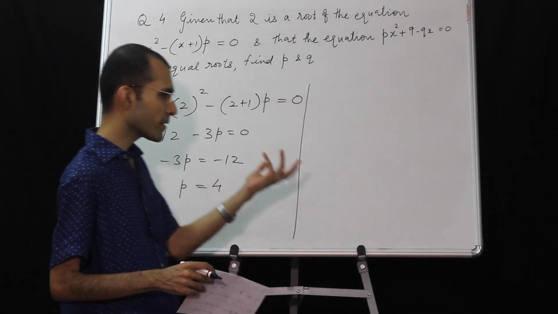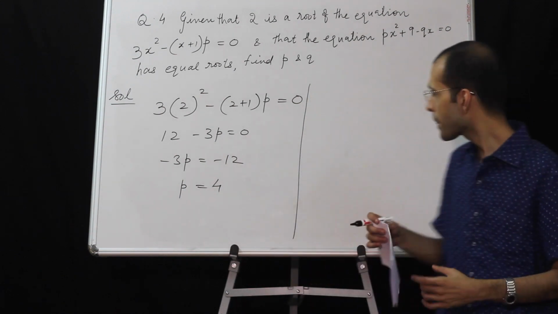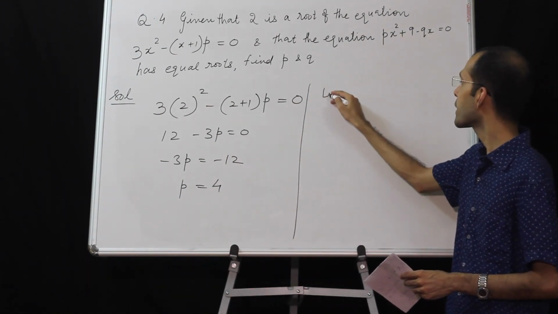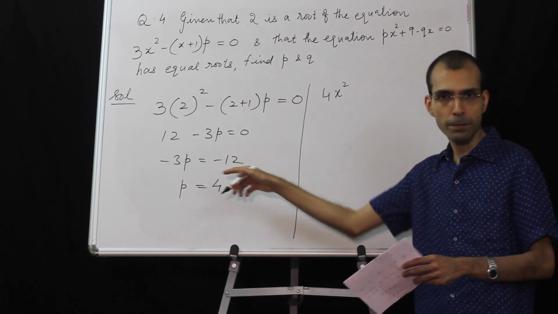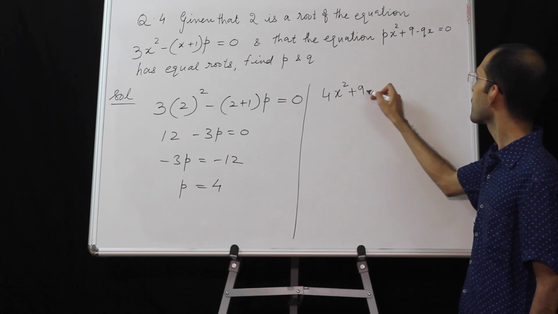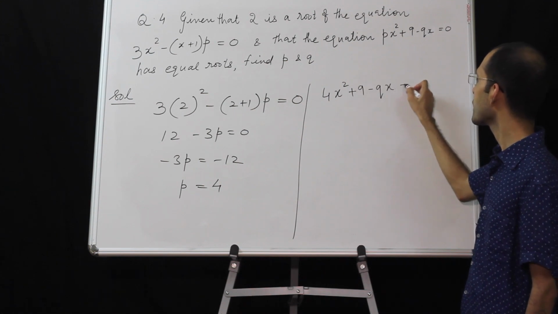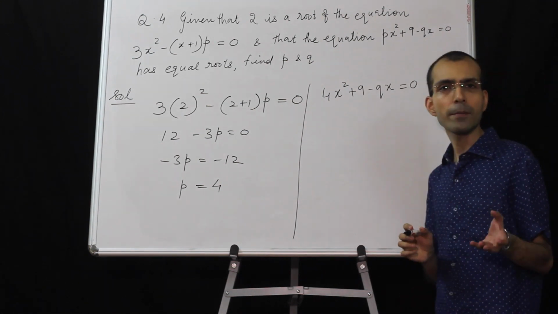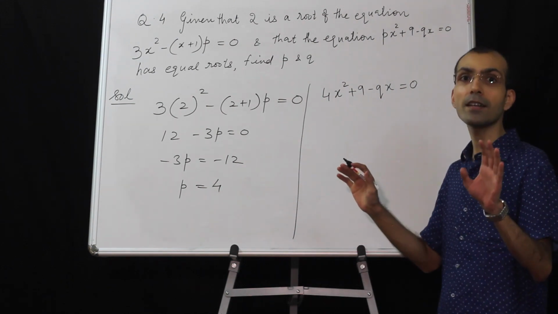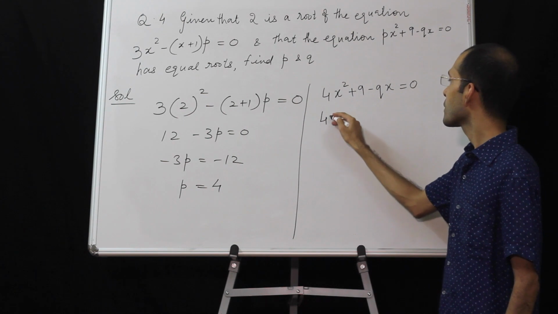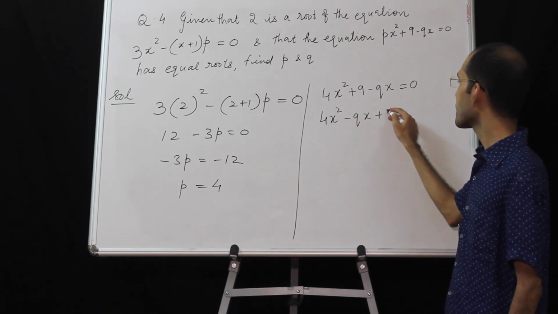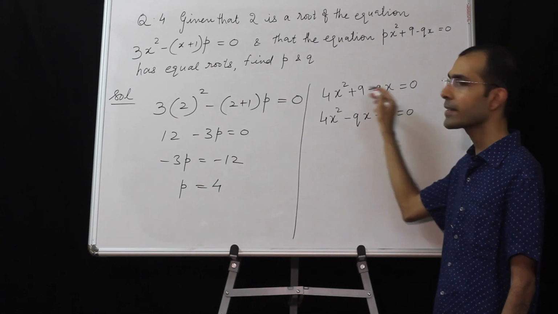So we have found the value of p. Now what remains is only the value of q. So let's first put p in this new equation. So we will get 4x square, because p is 4, plus 9 minus qx equaling 0. What remains is to find the value of q. But first put the equation in the standard form. So 4x square minus qx plus 9 is 0. This was not in the standard form.